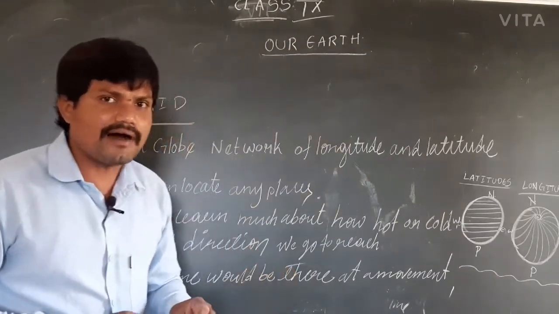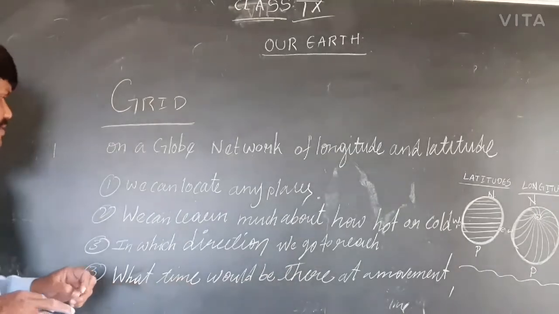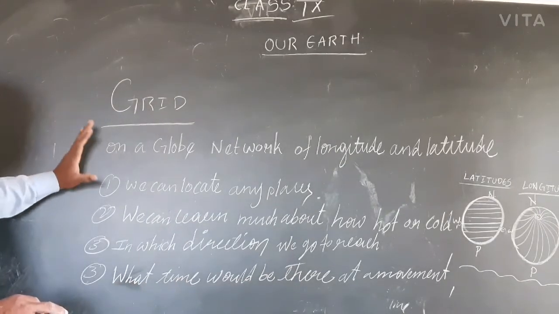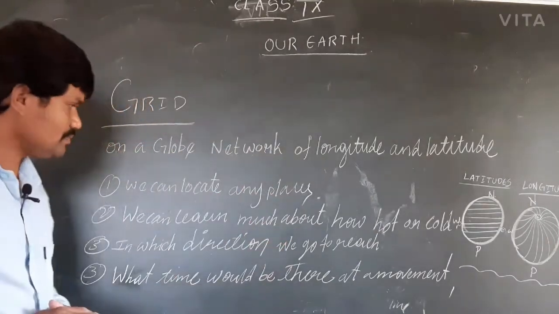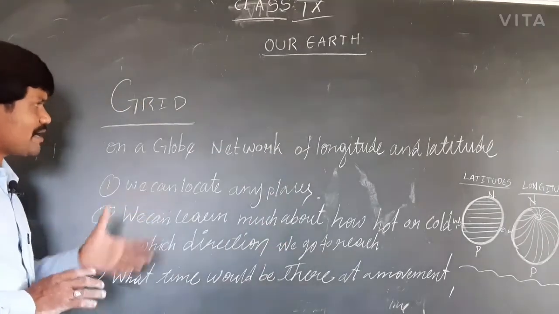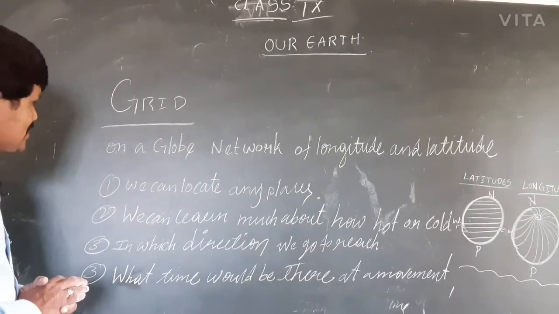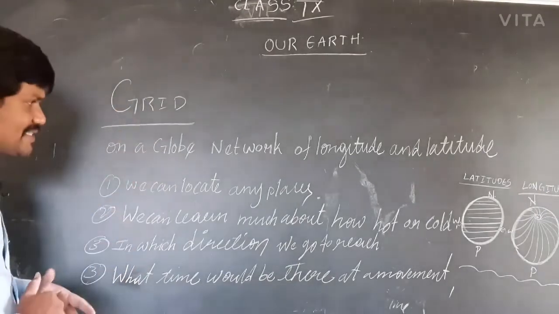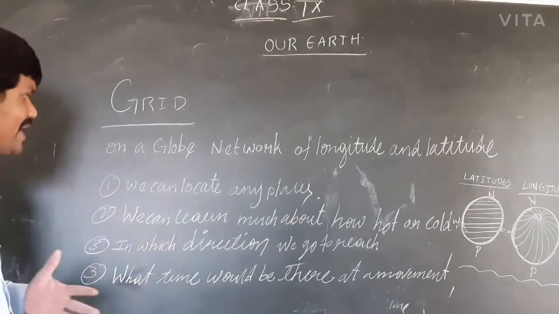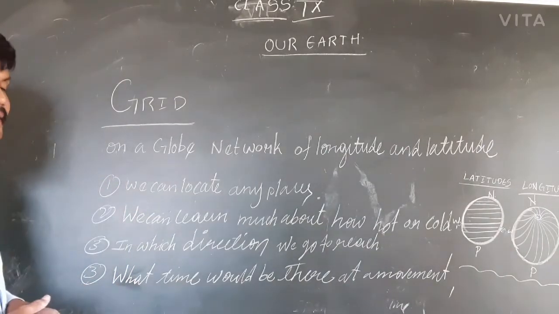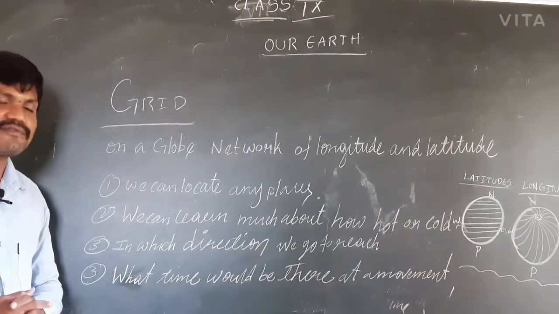Uses of grid lines. The first one is, with the help of grid lines we can locate any place on the earth's surface.